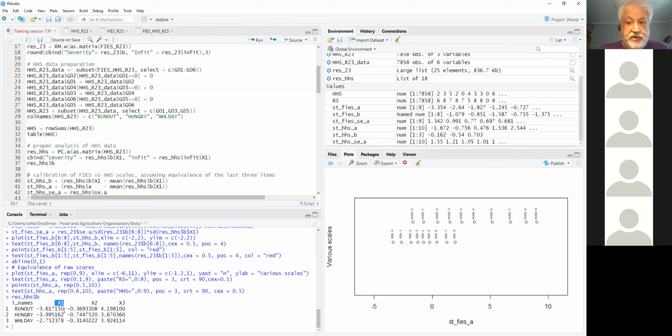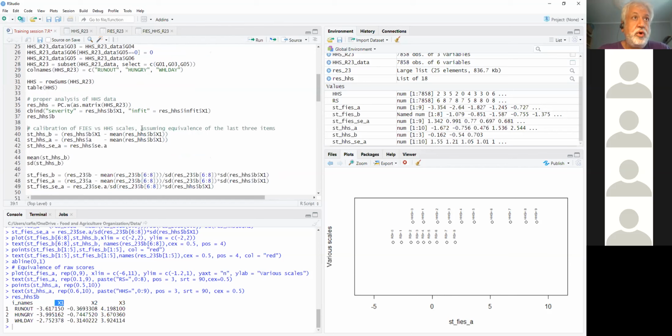Just a convention. Thank you, Carlo. And what we need to do whenever we apply the PCW command is to refer to the first column, the column X1, which contains the thresholds that are comparable to the dichotomic Rasch model.